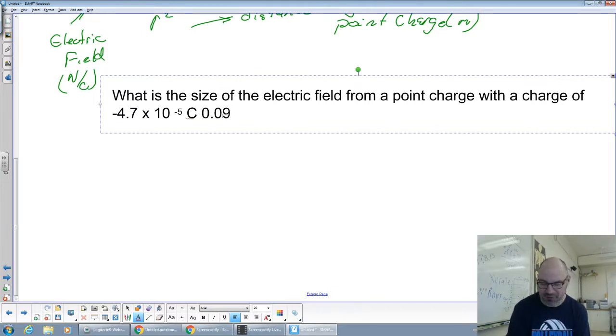Well, let's make it 0.095 so we have two significant figures, meters away from the charge.